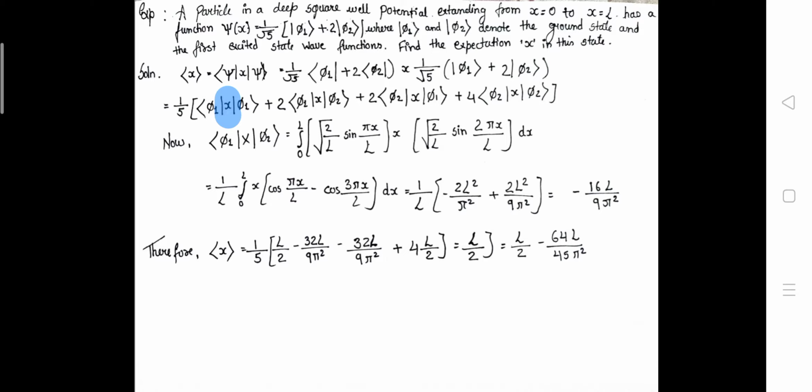Now here, as we know that here we have phi 1 same, and here we have phi 2 same. So this phi 1 and phi 2, and this phi 2 and phi 1 will be 1. So here we will get x into 1, and here we also get x into 4 because we have 4 here also.